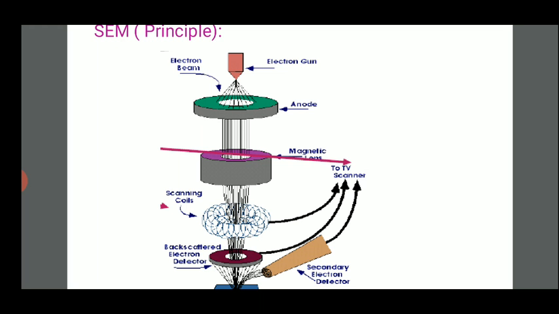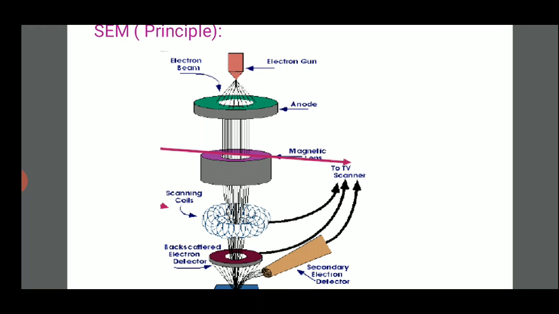And secondary electron imaging is the primary mode, and characteristic X-rays are the second most common imaging mode for an SEM. These characteristic X-rays are used to identify the elemental composition of the sample by a technique known as energy dispersive X-ray.